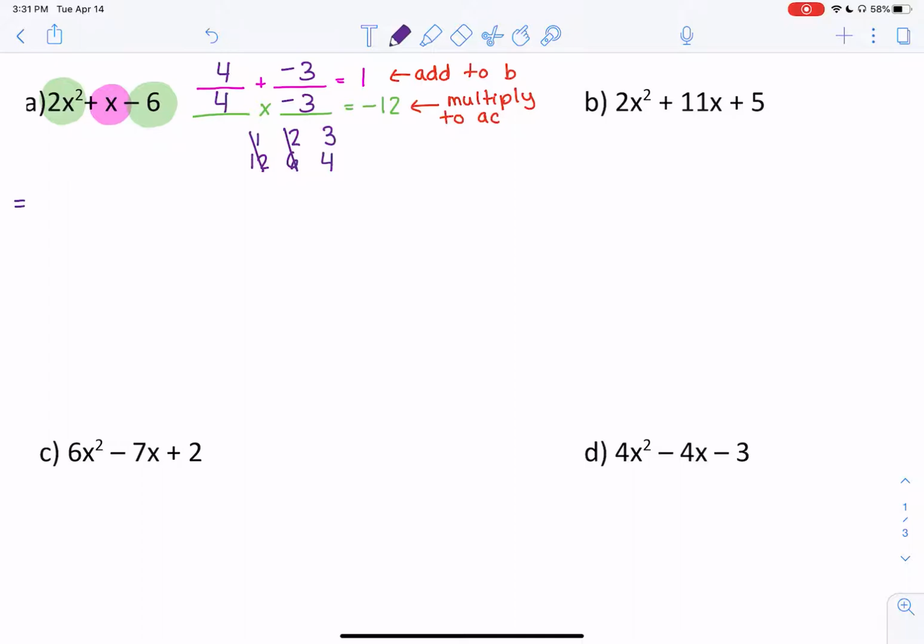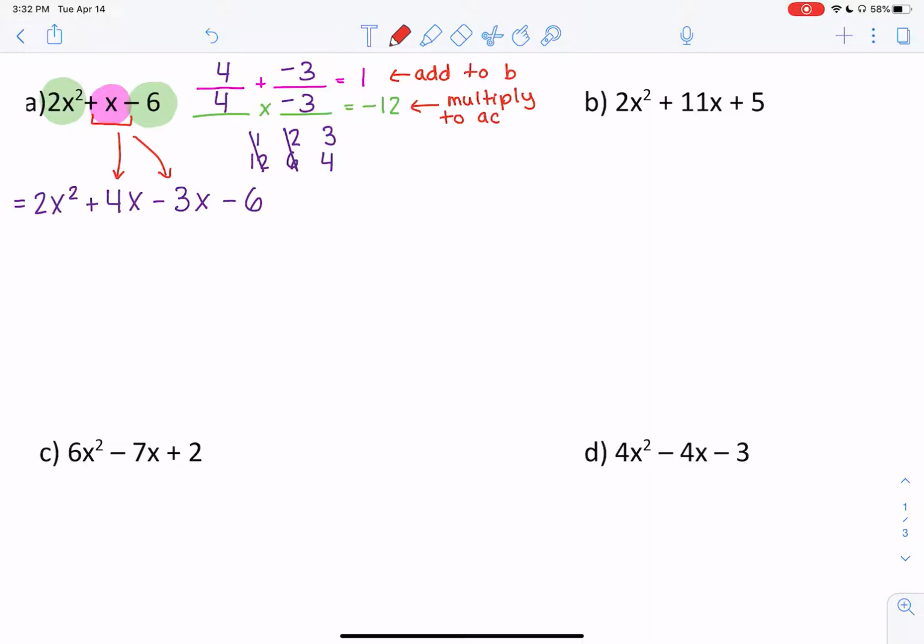So in this case, because we know that 4 and negative 3 equal 1, instead of writing a 1 in front of our x, we can write a 4x and a negative 3x. So all I've done here is instead of writing this 1, I've broken it up into 4 and negative 3. If you look at this, we can combine 4x minus 3x and get 1x, but our goal is to figure out what those numbers were before we collected like terms.